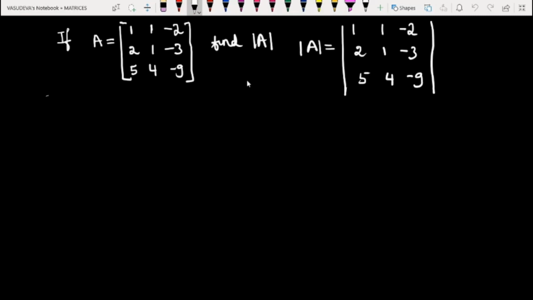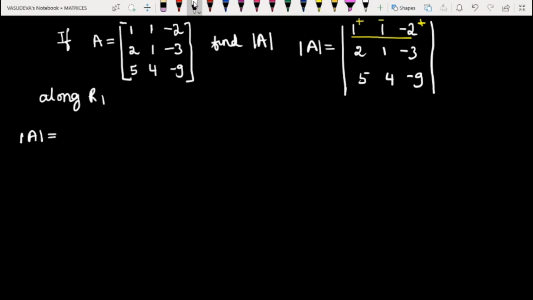Now I will expand along R1. So the determinant of A equals, now we have to look at the sign. The elements in R1 are 1, 1, minus 2, and the signs will be plus, minus, plus.